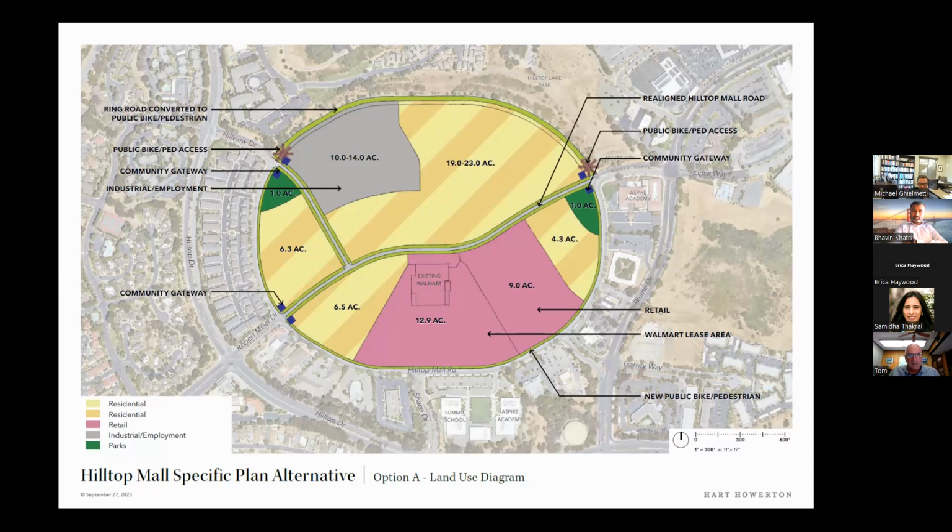If you look at these colors, these are lifted from the specific plan. The gray represents about 10 to 14 acres of employment. That could be soft R&D, it could be a data center, and we'll talk a little bit more about that in detail. The existing Walmart is just shy of 13 acres.